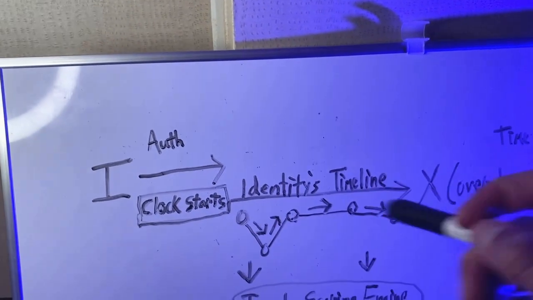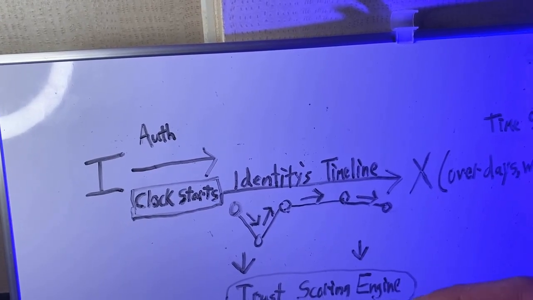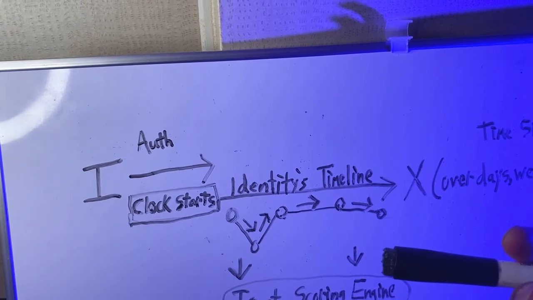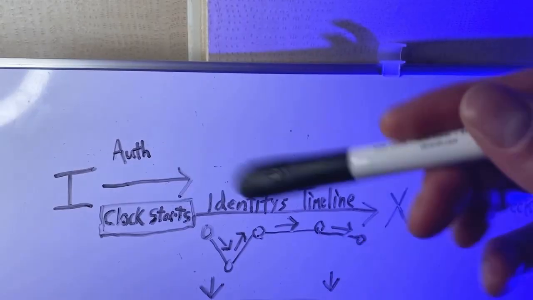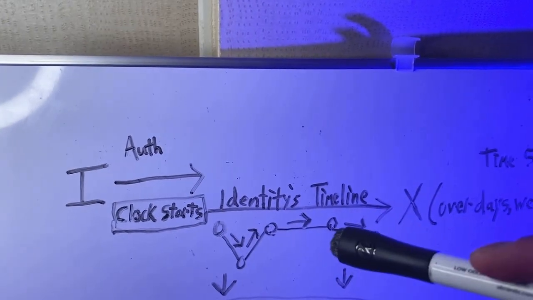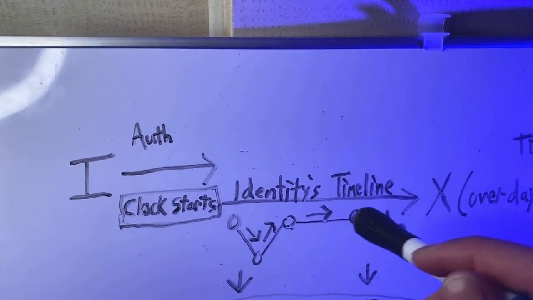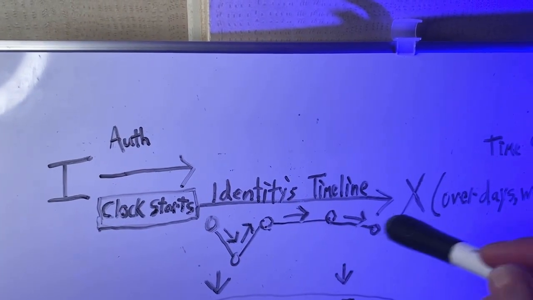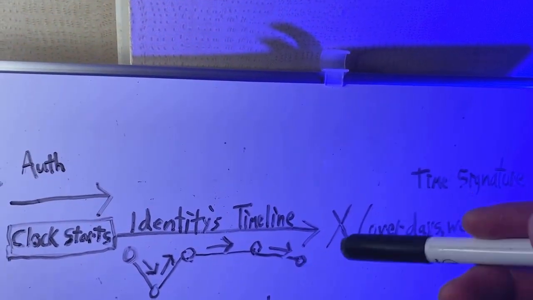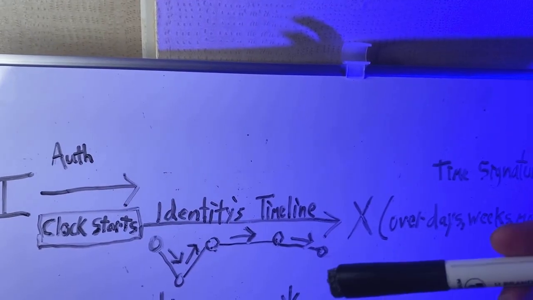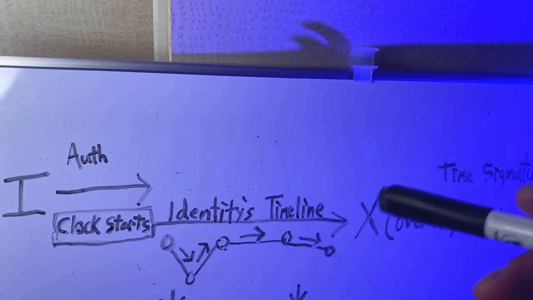If we're able to see movement, because you can repeat this process, drawing this out, and you can repeat that over days, months, weeks. This X represents just the end of the session, right? Say the session expires or it's terminated.